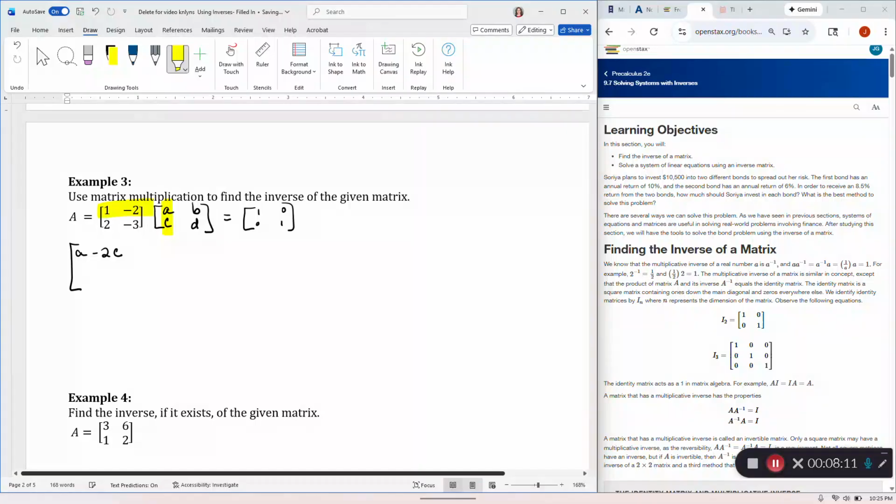So second column is going to be b minus 2b. Bottom row, first column, a minus 3c. Bottom column, 2b minus 3.